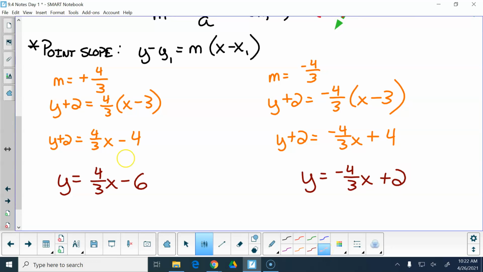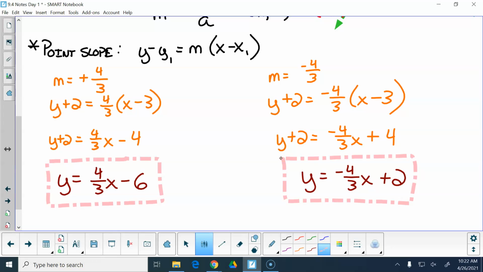And those are the two equations of our two asymptotes. Which will be one of the things that you need to find on every hyperbola, the equations of the asymptotes.